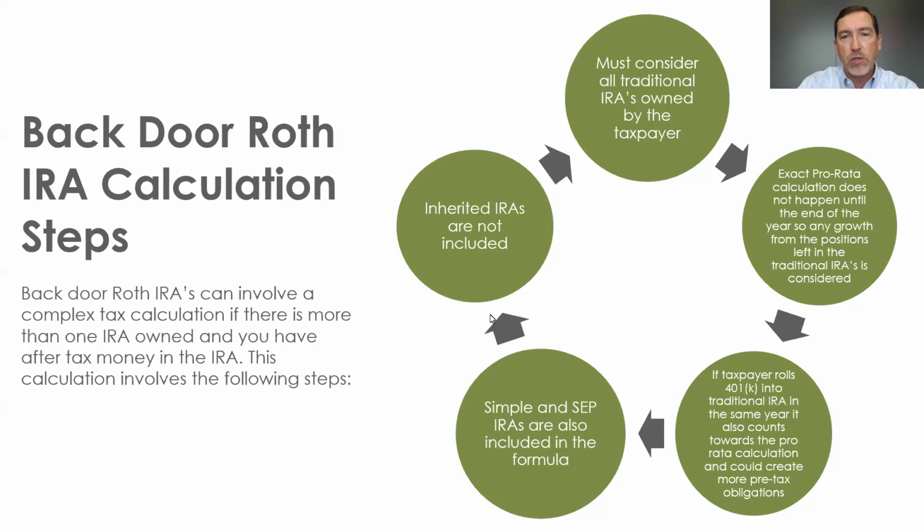So it could increase your tax obligations. The second thing to note is that SIMPLE and SEP IRAs are also included in this formula. One good thing is inherited IRAs are not included in the formula. I'm going to walk through an example now.